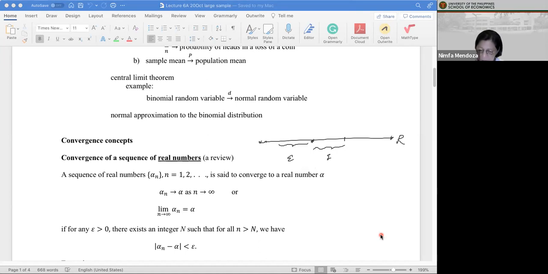So beyond alpha n, let's say alpha n plus 1, alpha n plus 2 and so on, they would all lie within this interval. So the distance between alpha n minus alpha, once n is greater than big N, the succeeding numbers would all lie within this interval.